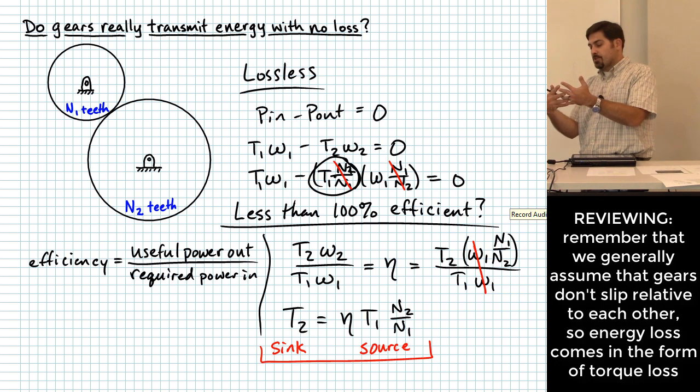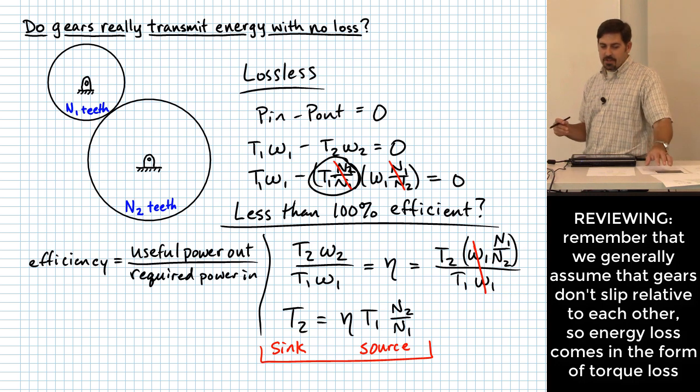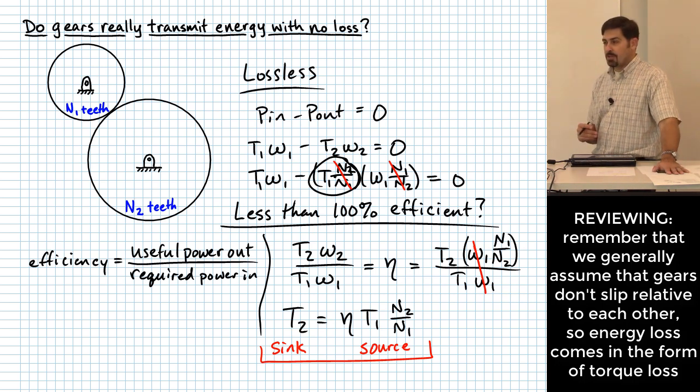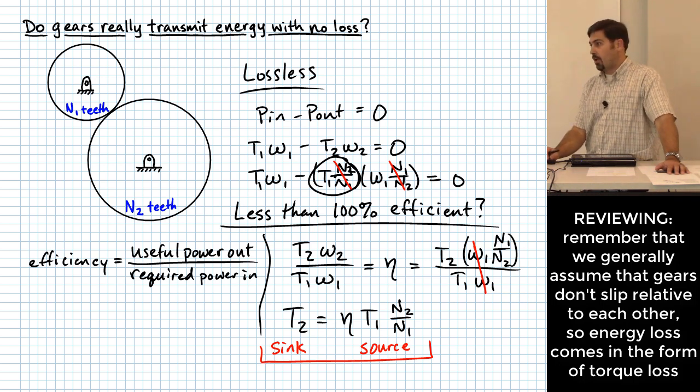Because when you have gears that mate with each other, they can't slip relative to each other without the gears actually skipping teeth, right? And that is not unheard of. It can happen. But your machine is not going to survive, right? Typically, if you start jumping teeth on a device like that, it's a pretty good sign that your machine is not going to live very long.